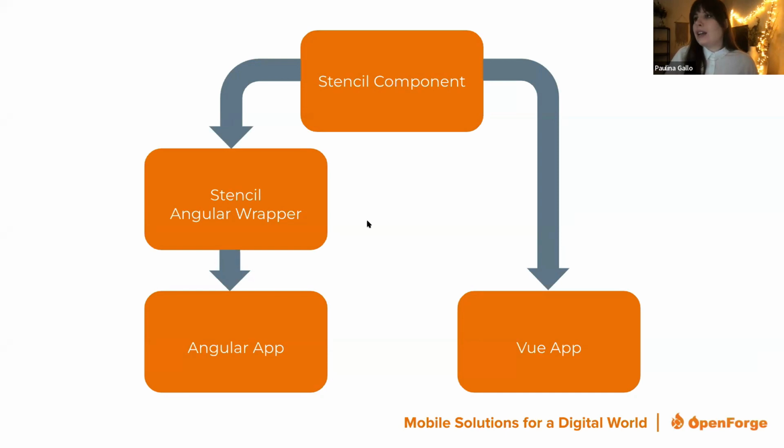Ionic and a couple other folks out there in the open source community help walk through exactly what you need to do as far as creating that Stencil wrapper. That Stencil wrapper, to me, is the translation, or step 2, of having your Stencil component and then being able to import it into your Angular application.